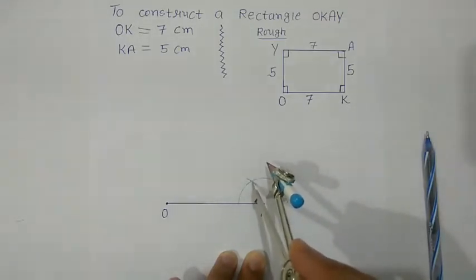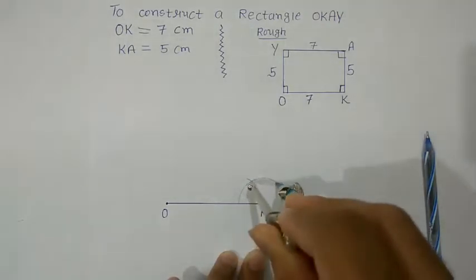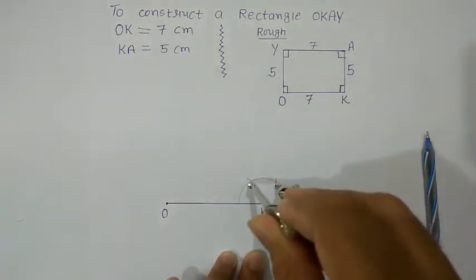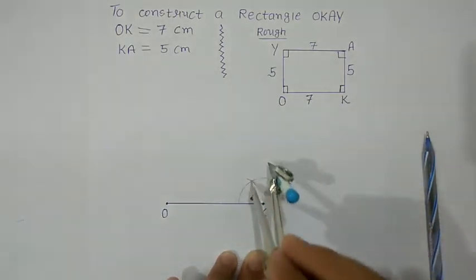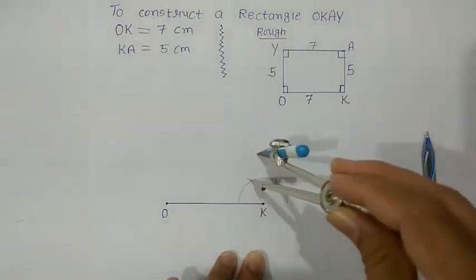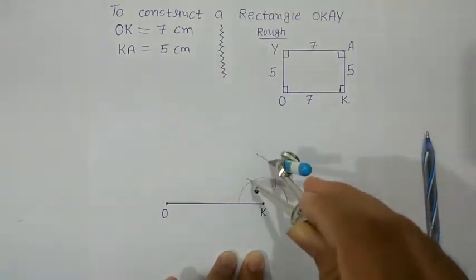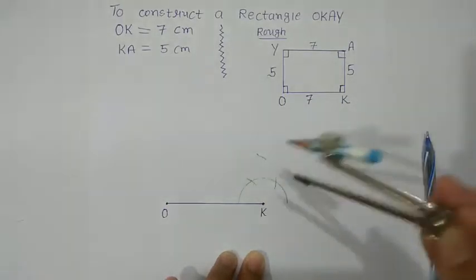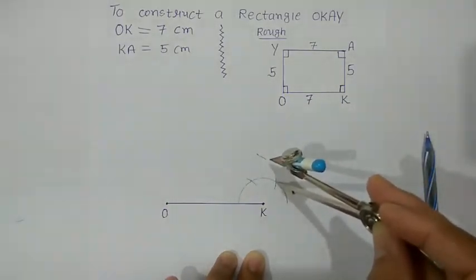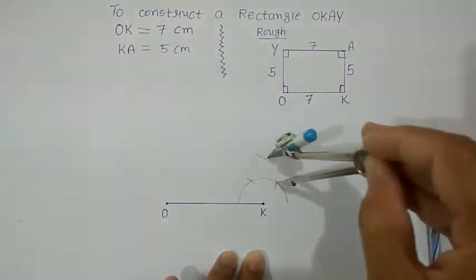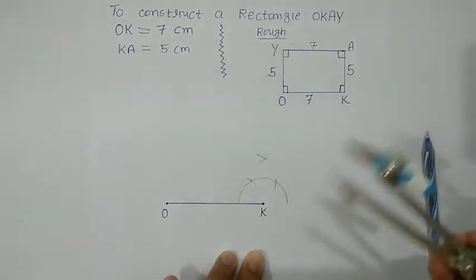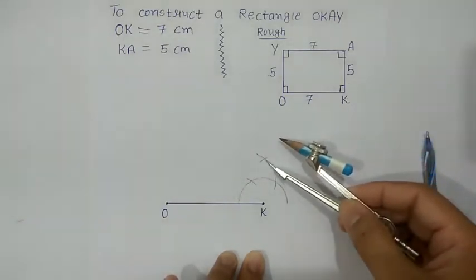Again choose this point and again draw an arc on the previously drawn arc. In the same way, with the same radius, one more arc you have to draw here. With this point also we have to make an arc here. So here you can see that we get a point.